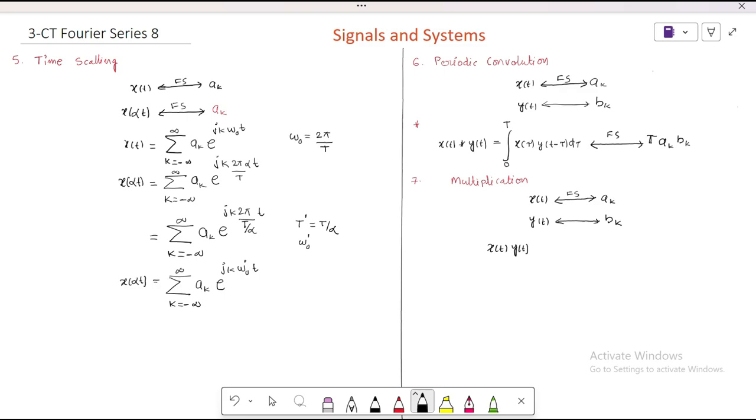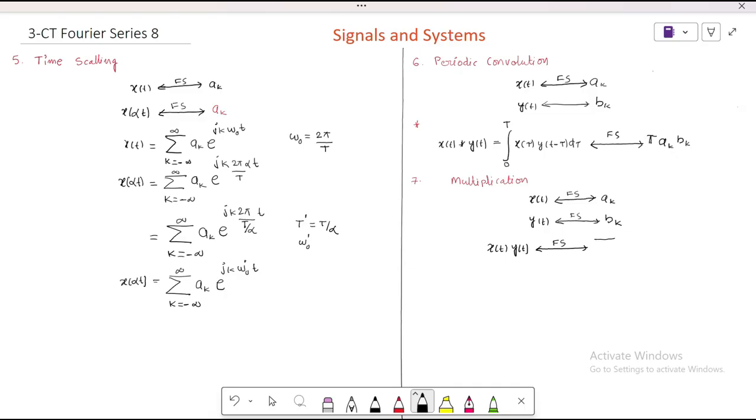So for the multiplication x of t into y of t, the Fourier series coefficient is the convolution of ak and bk.